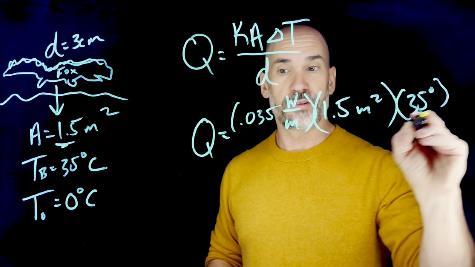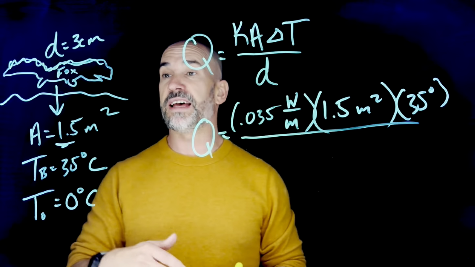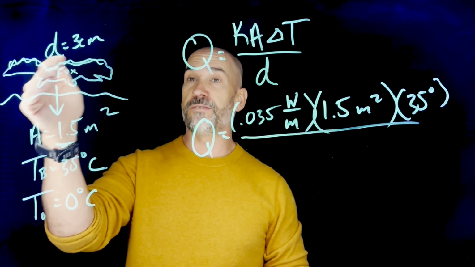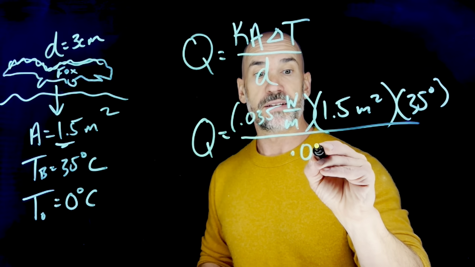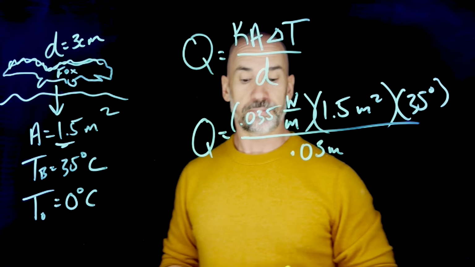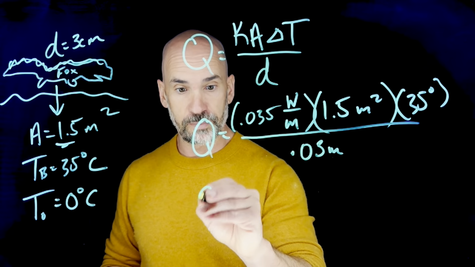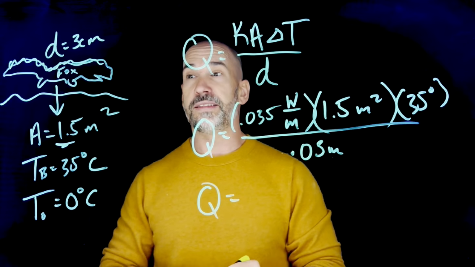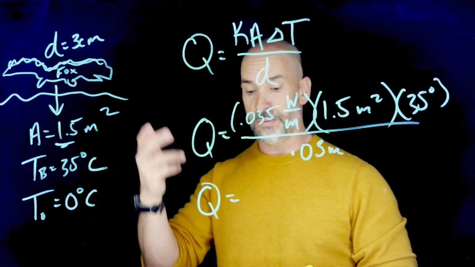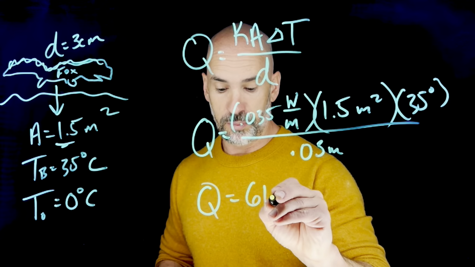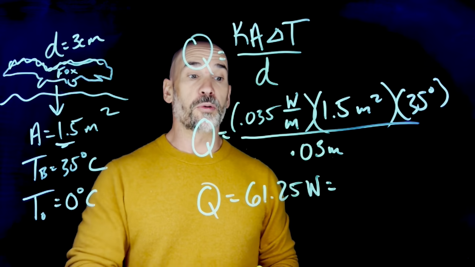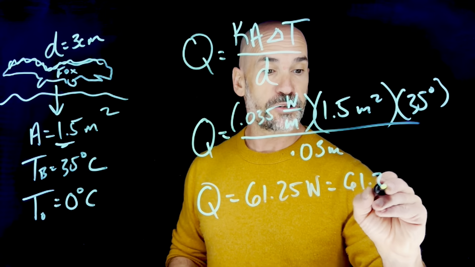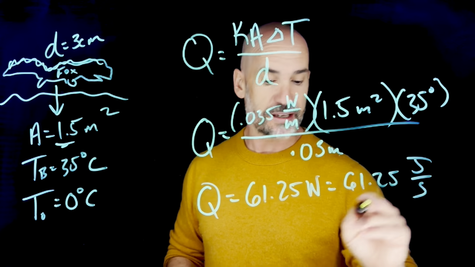And we said that the thickness of this fox's hair is about 3 centimeters, in other words, 0.03 meters. Okay, putting that all in, we get that this fox is losing energy to the environment at a rate of 61.25 watts. In other words, that means 61.25 joules every second.